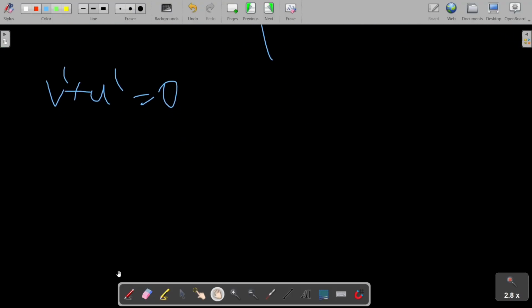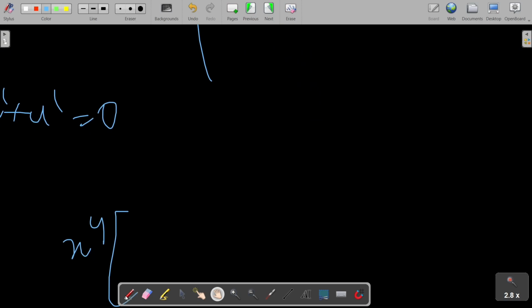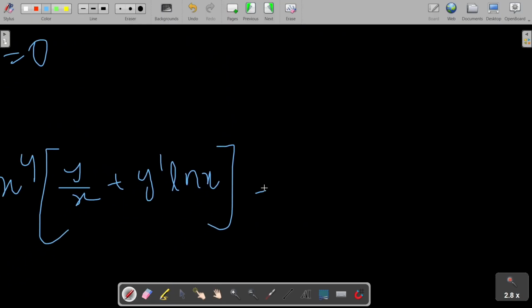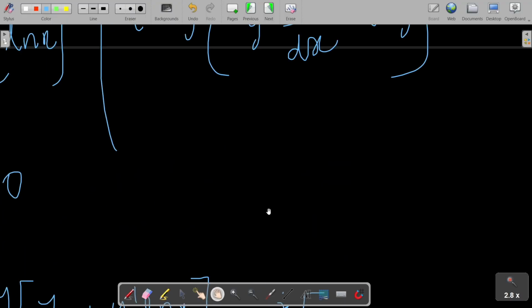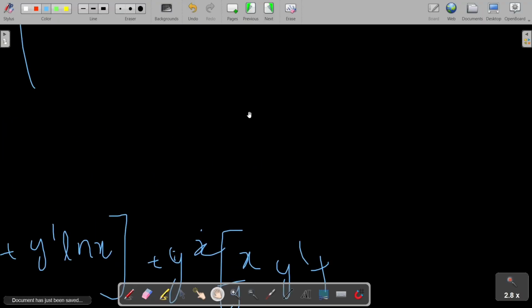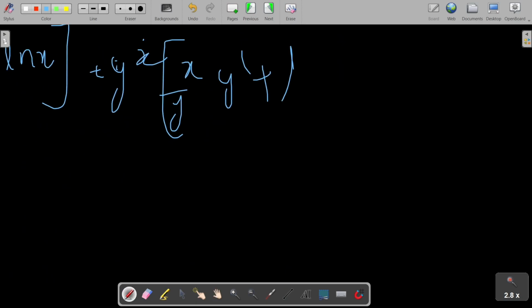So v prime is x power y into y by x plus y prime times ln x, plus y power x times x by y into y prime plus ln y, is equal to 0.